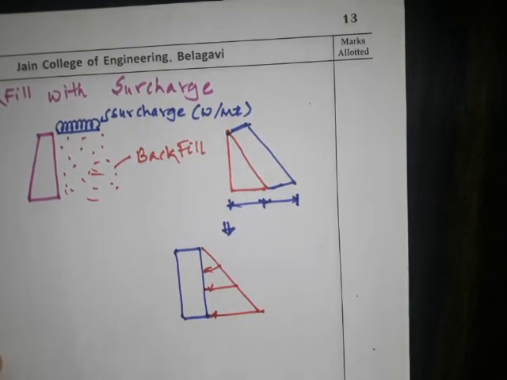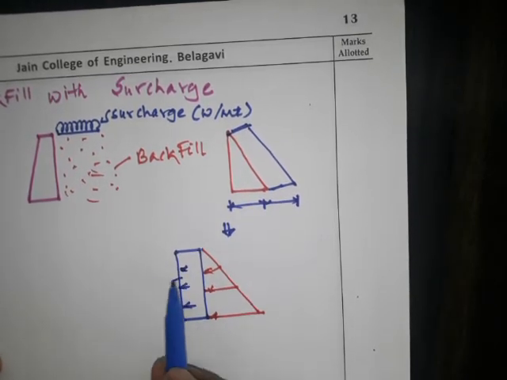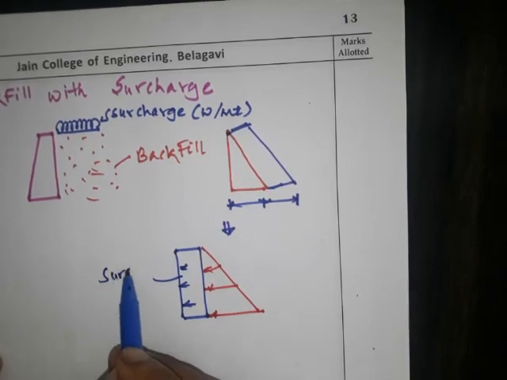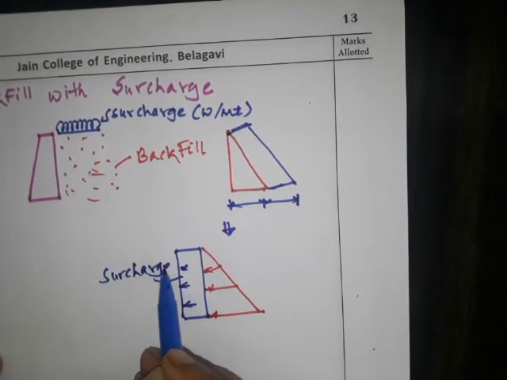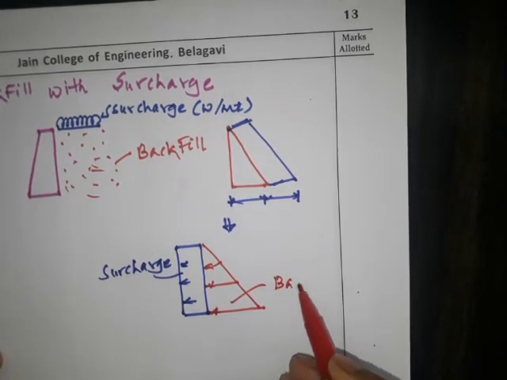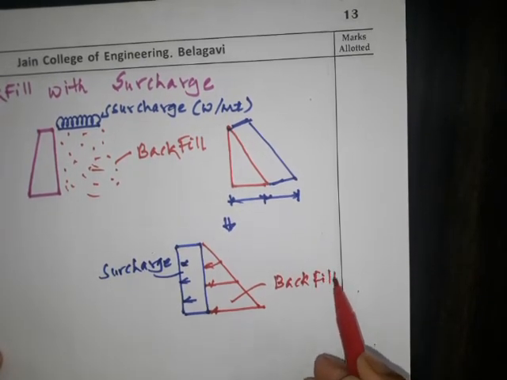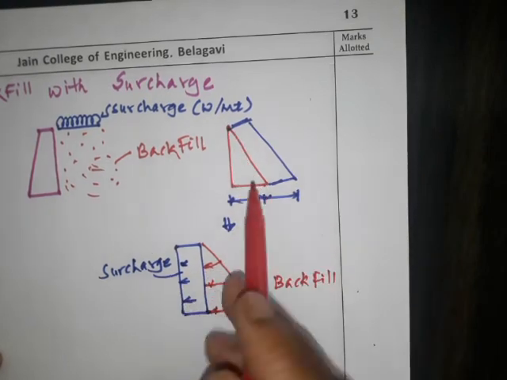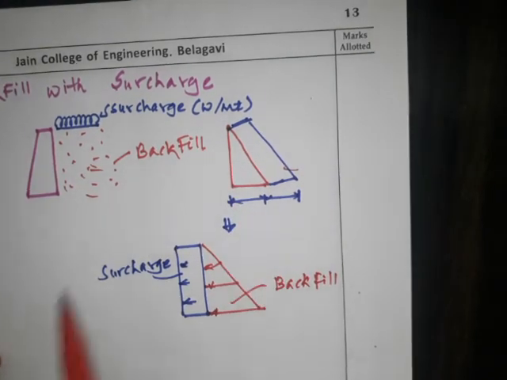This is due to surcharge, and this is due to backfill. This is the triangular portion, I took it on the front side, and this on the back side.